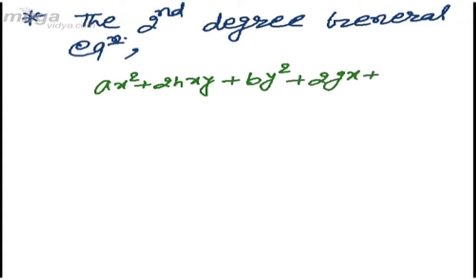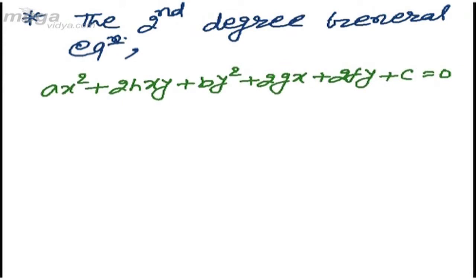Now student, the second degree equation, that is ax square plus 2hxy plus by square plus 2gx plus 2fy plus c is equal to 0.